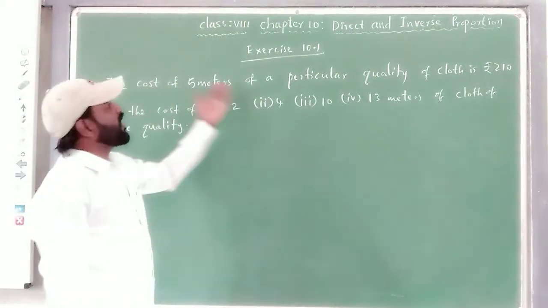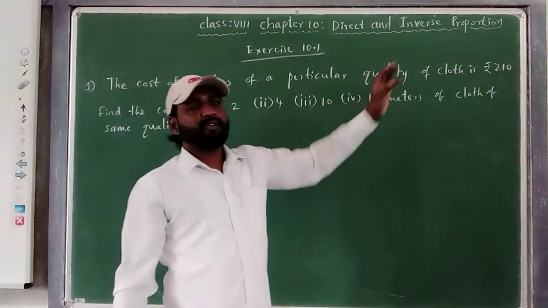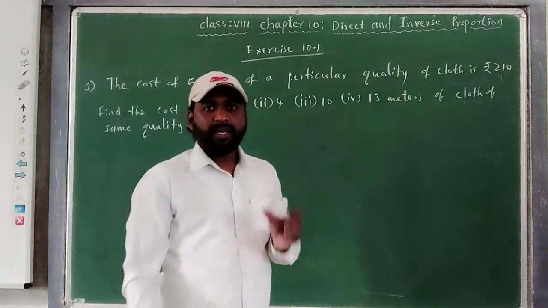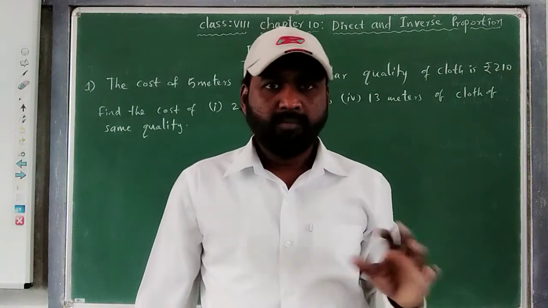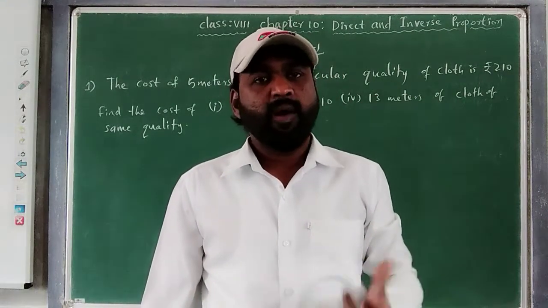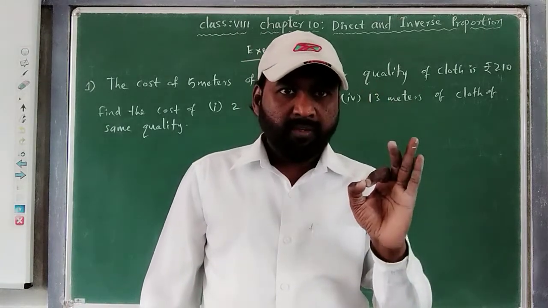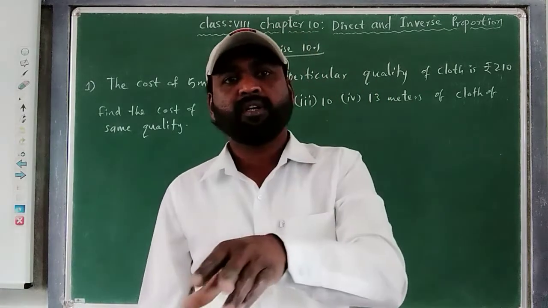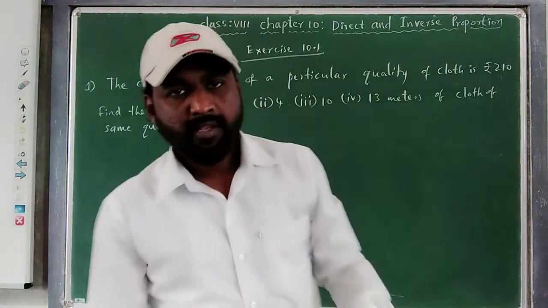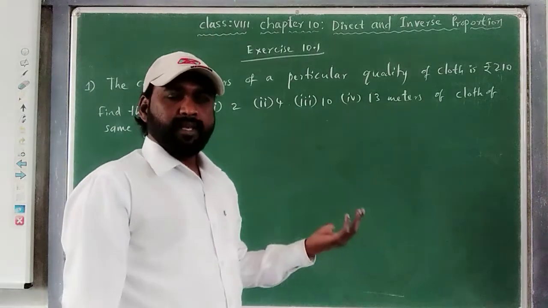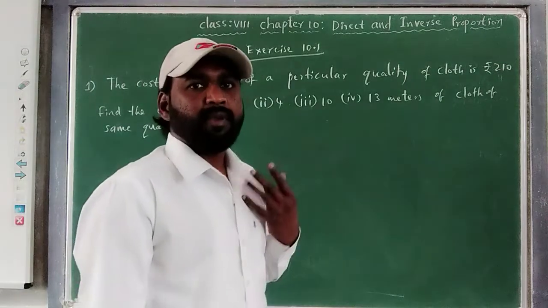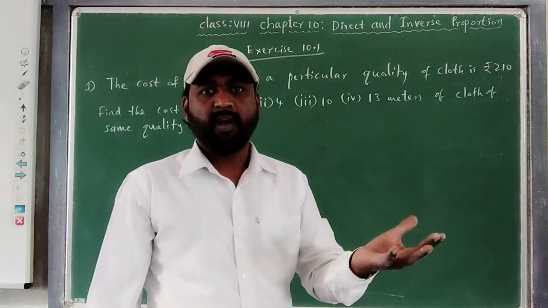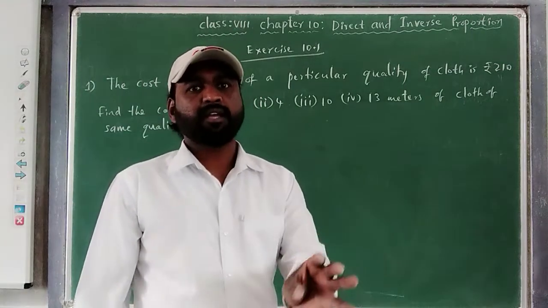The cost of 5 meters cloth is given as 210. So here the cost and the length of the cloth are two different quantities. Length of the cloth is one quantity, cost of the cloth is the other quantity. So let us assume these two quantities with two different variables. I am supposing the length of the cloth as x and the cost of the cloth as y.